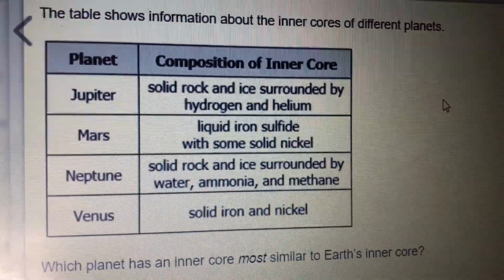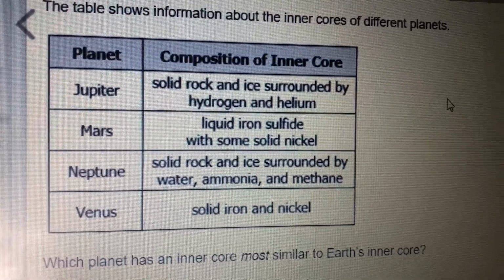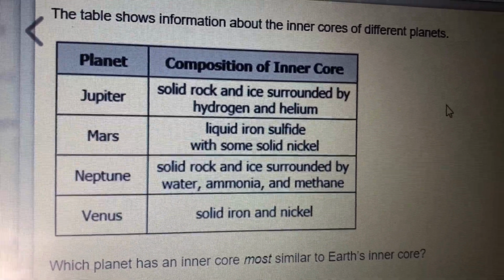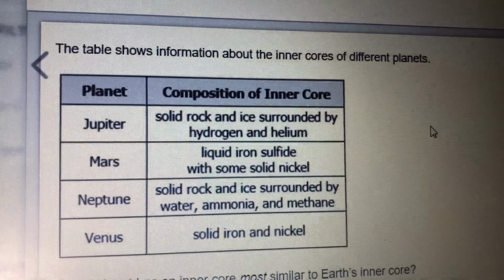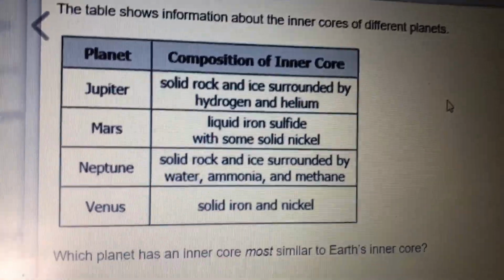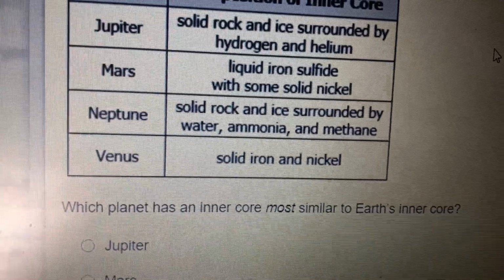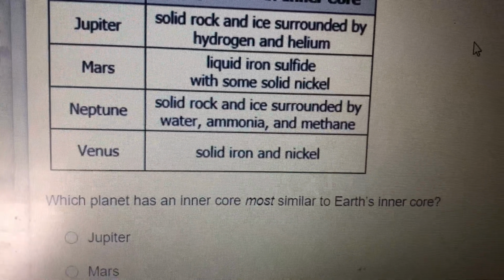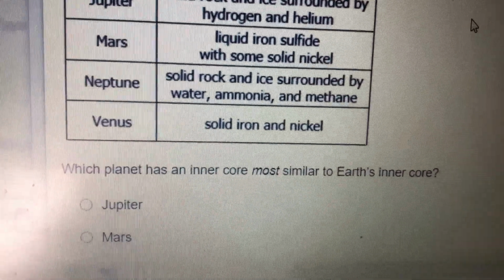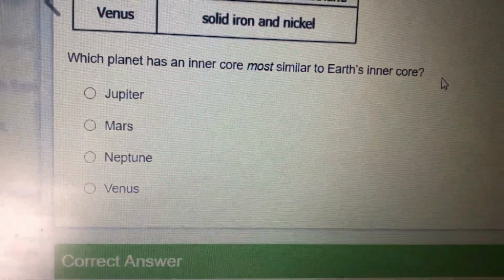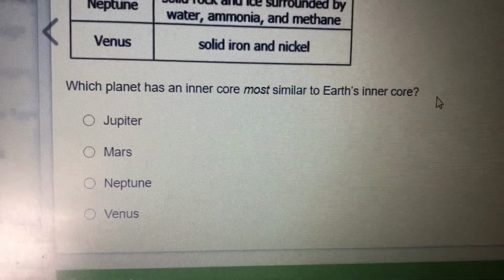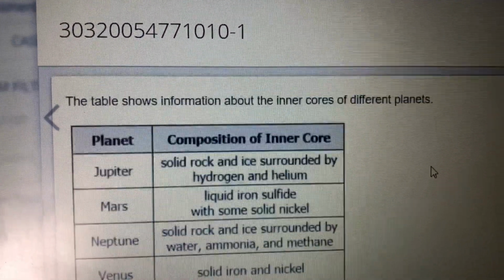So which one has the inner core that is most similar to our planet's core? Which one do you think? Jupiter, Mars, Neptune, or Venus? Let's look at the chart one more time.